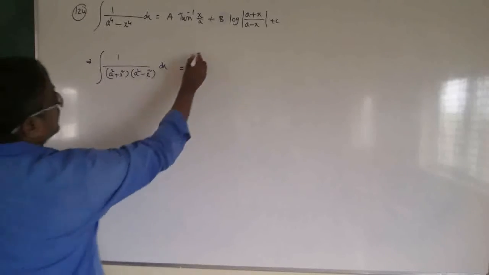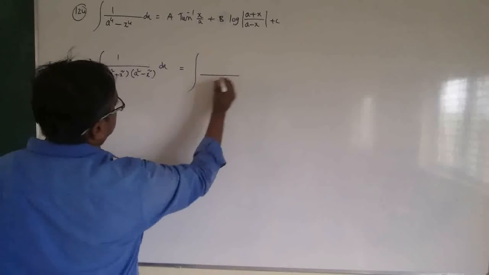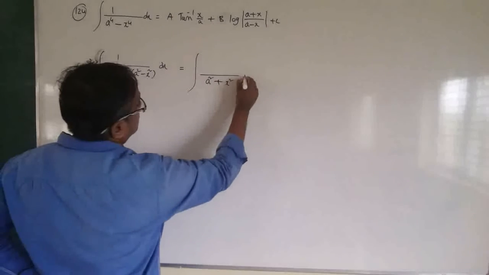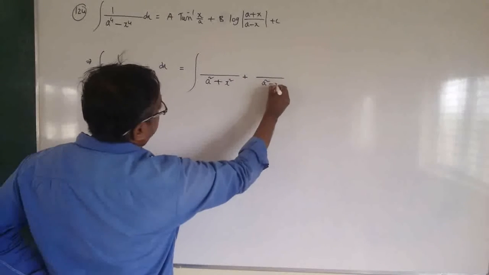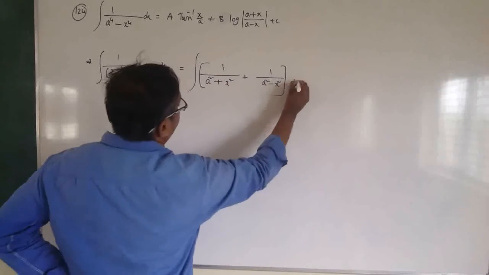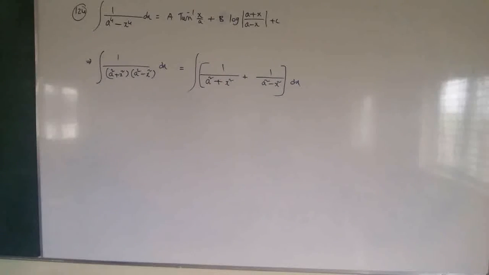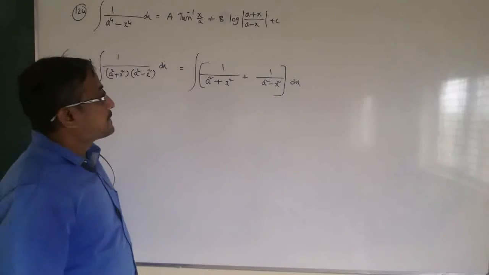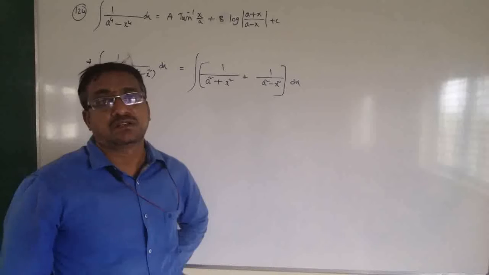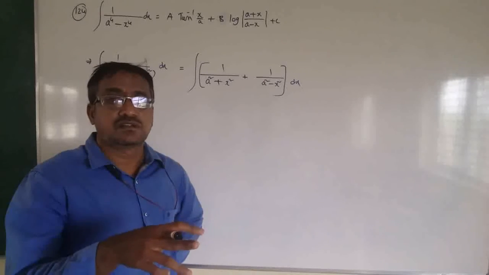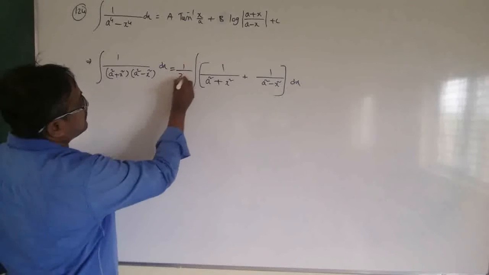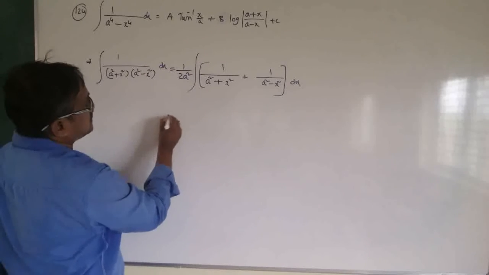Now using partial fractions, a square plus x square plus a square minus x square. Numerator will be a square minus x square plus a square plus x square. X square will be cancelled and you will get 2a square. So you need to write 1 by 2a square as a constant.